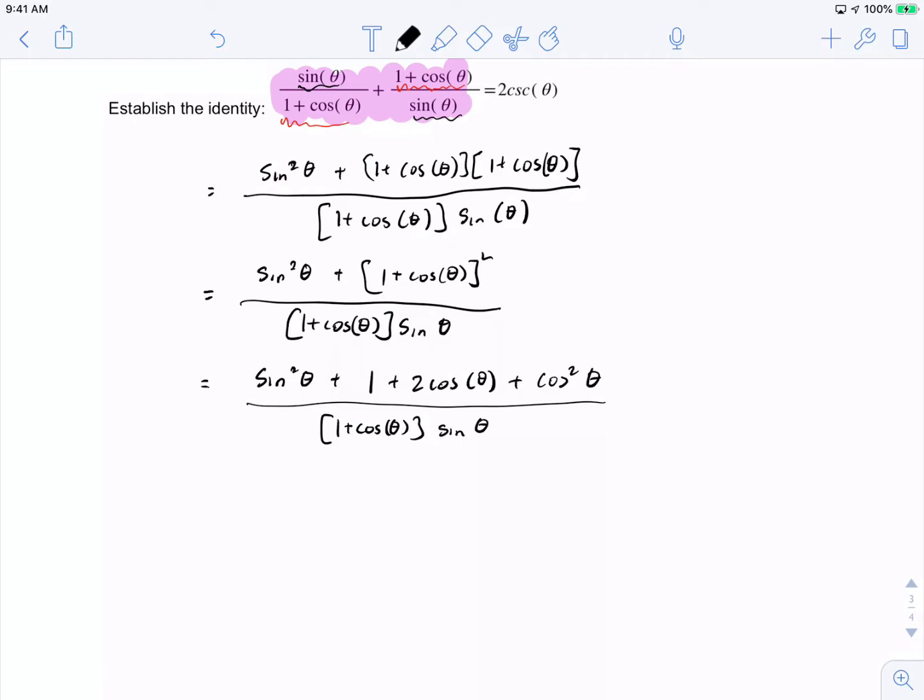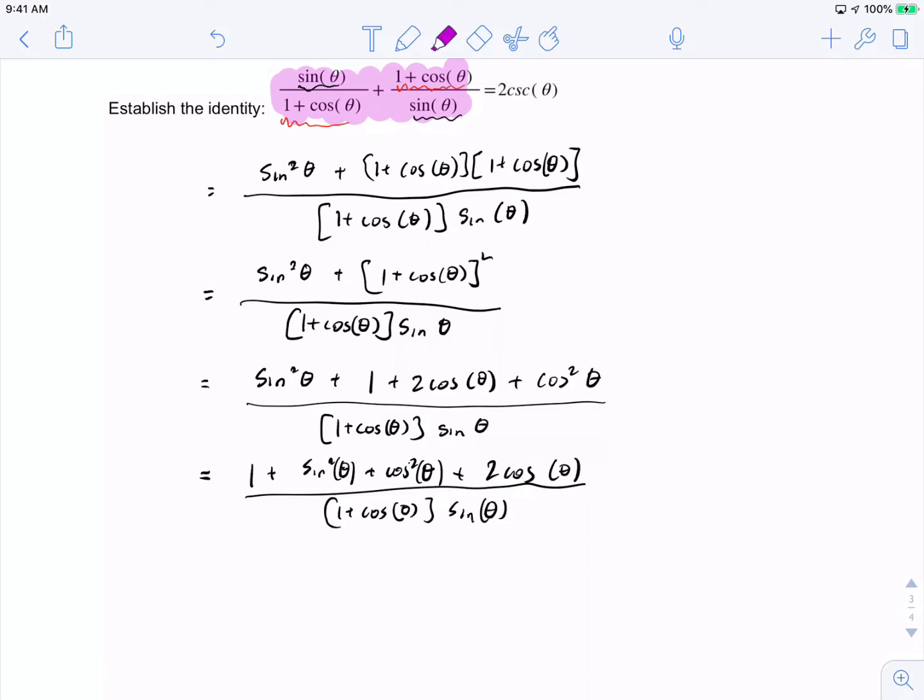Now I'm going to rewrite this in an order that allows me to see what I'm trying to do. So I'm going to go 1 plus sine squared theta plus cosine squared theta plus 2 cosine theta all over the denominator, which is 1 plus cosine theta times sine theta. And what you'll see that I'm doing here is I see that this highlighted piece is 1.